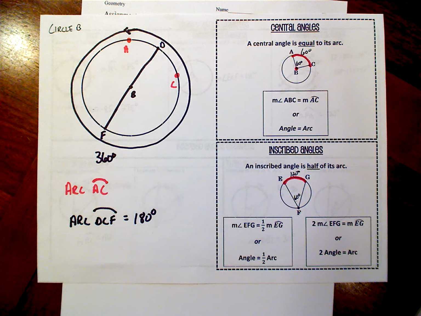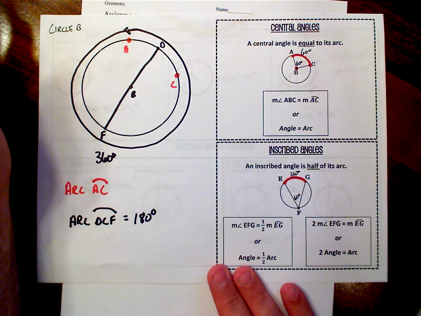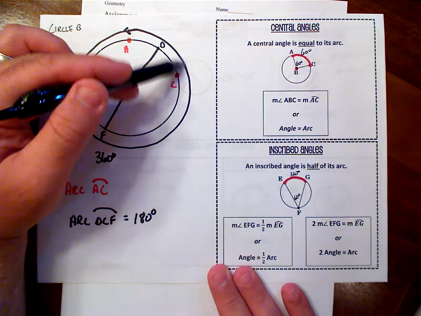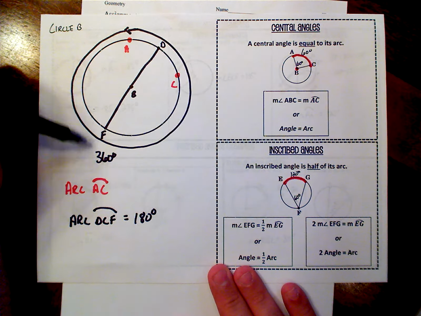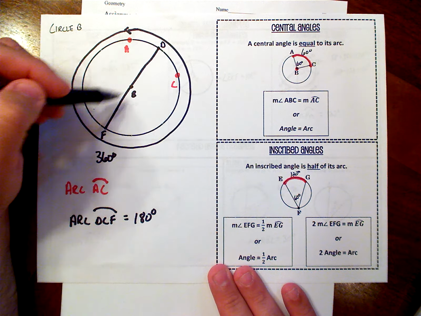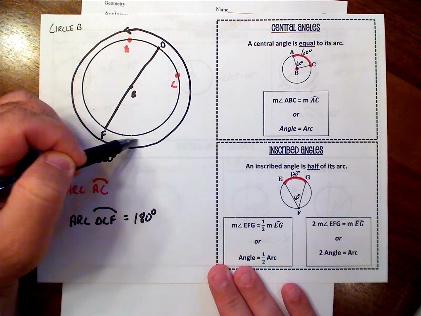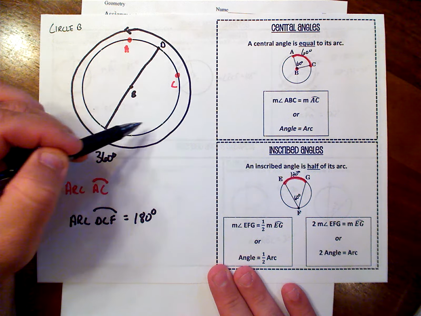Now, we need to remember a couple of things about today's assignment. You're going to have 8 problems today. We still remember all the way around a circle is 360 degrees. If you have a diameter, that splits the circle in half, so then this arc length is 180 degrees.